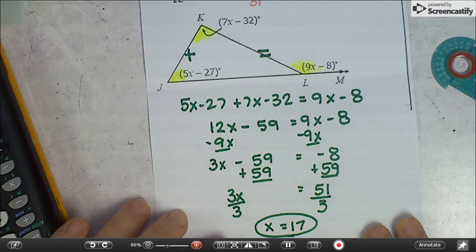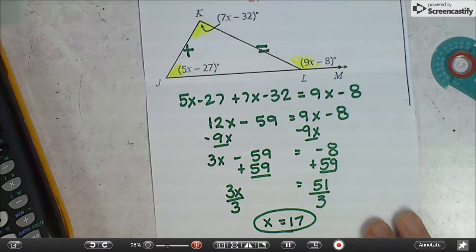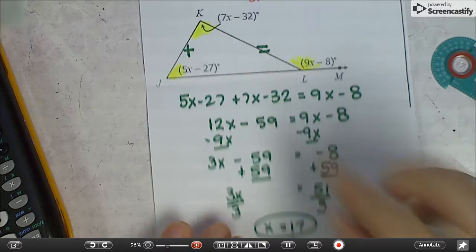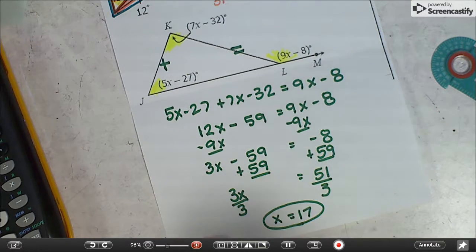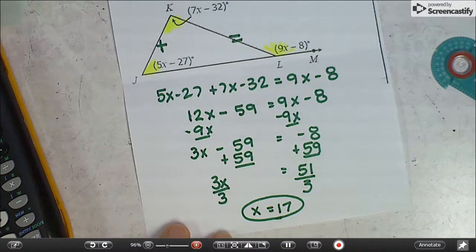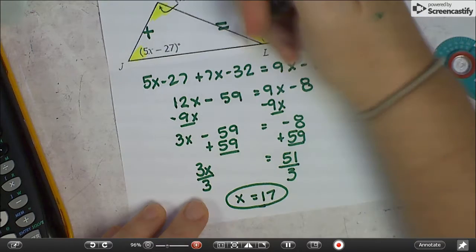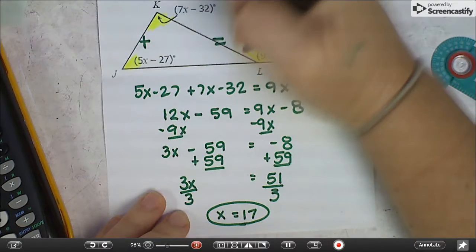Okay, so x equals 17. If the question asks for x, then you're done. If it asks for the measure of these other angles, then you are not done and you need to plug it in. Often, it will give you this problem, but ask you for this angle.